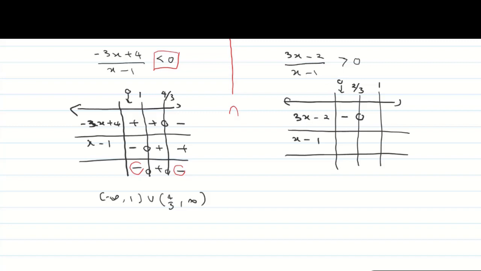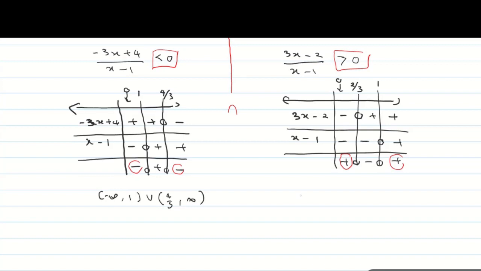So 0 minus 2 is negative, so the right side should be positive. X minus 1, 1 will make it 0. So 0 minus 1 is negative. So the right side should be positive. So we have positive, negative, positive. And here we want to find the positive value. So the solution for the second inequality is from negative infinity to 2 over 3 union 1 to infinity.